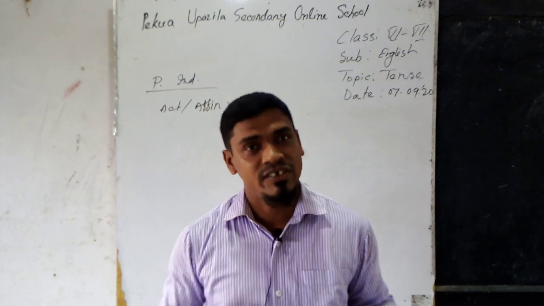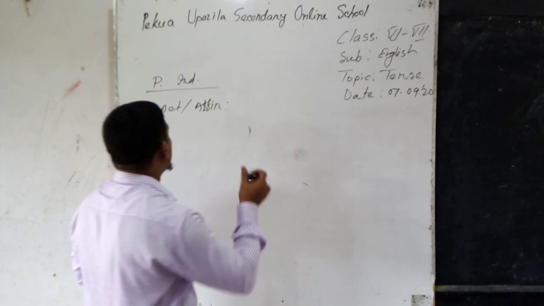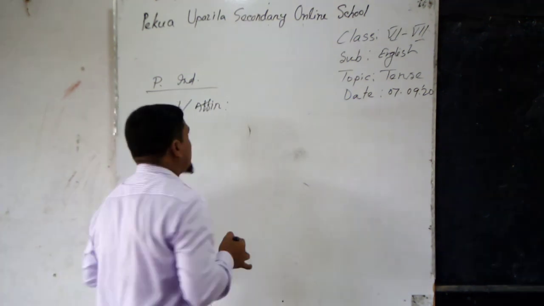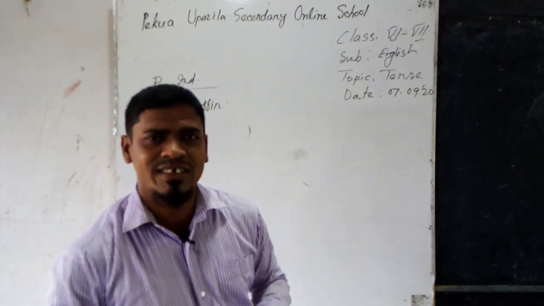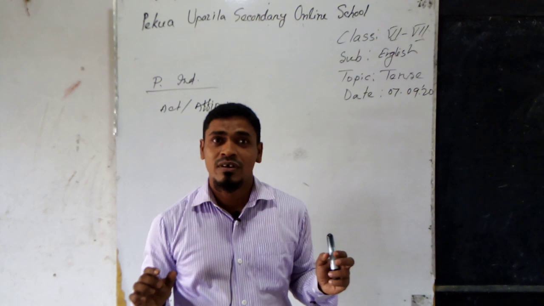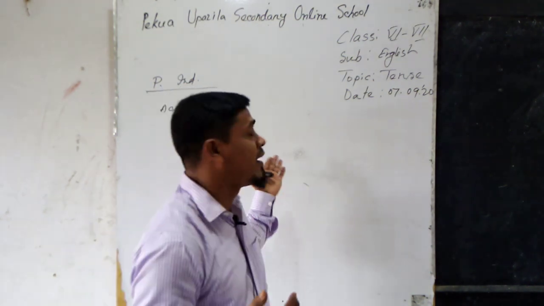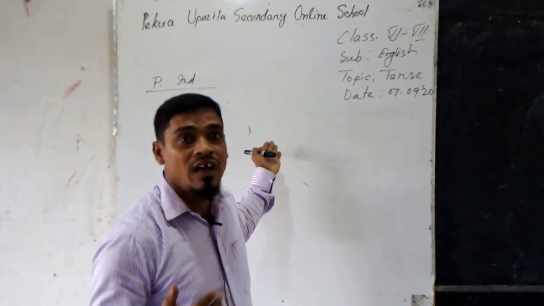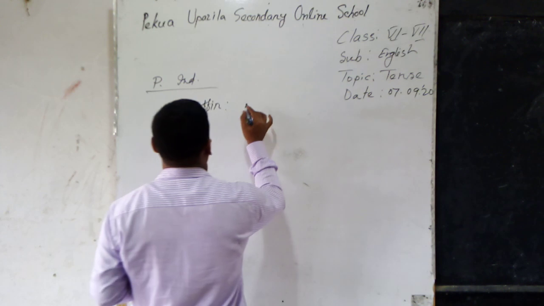That's why I try to give you all the structures at a time. Most of the students feel bored trying to learn these 5 structures of a tense, but it's very beneficial to you. That's why you have to learn, you have to try, you have to understand, be very attentive and try to understand this structure.